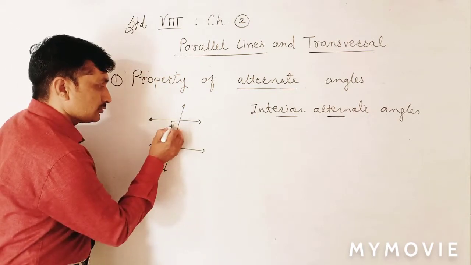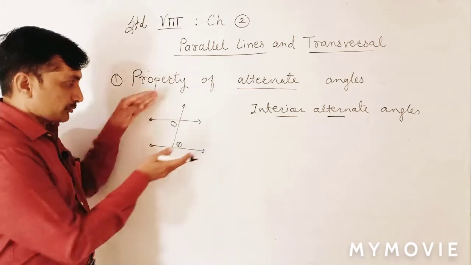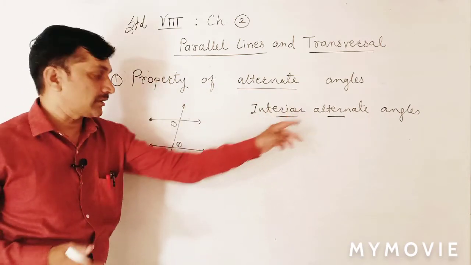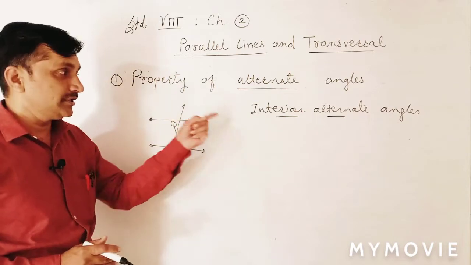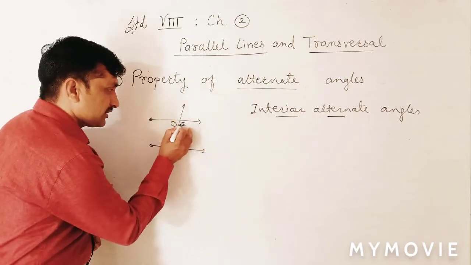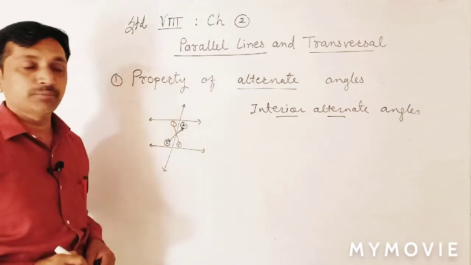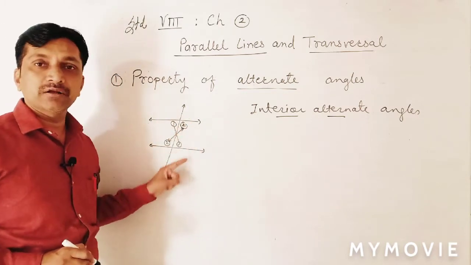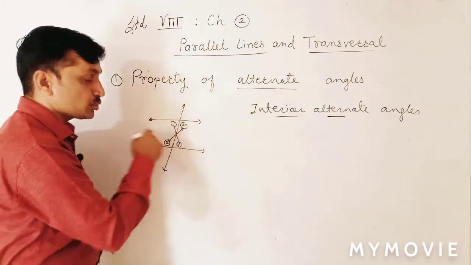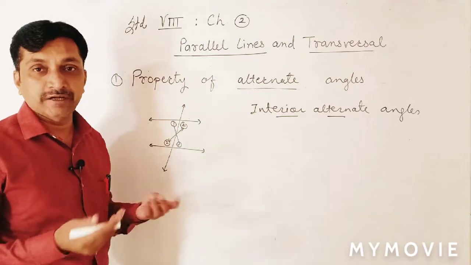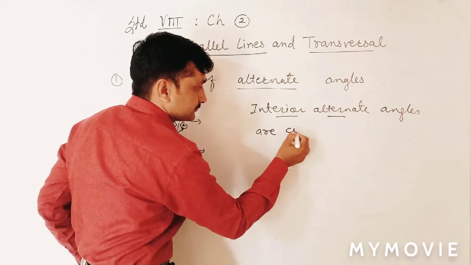Now here you see this one and this one. Between the parallel lines means interior, and alternate means on the opposite side. This is the first pair of interior alternate. The second pair we get here. These are interior, between the parallel lines, and on opposite sides of the transversal. That's why it is alternate. These 2 angles are congruent. Second property: interior alternate angles are congruent.